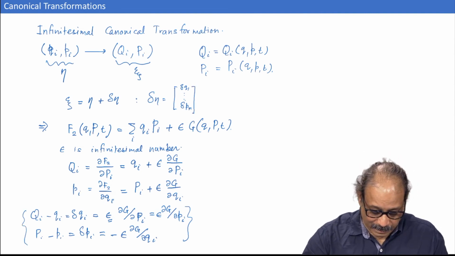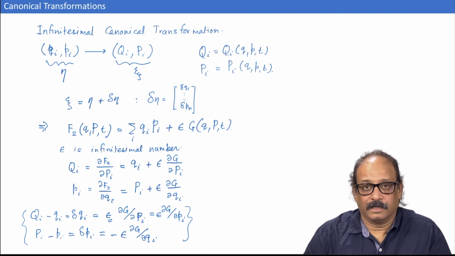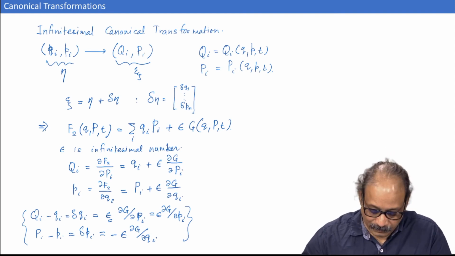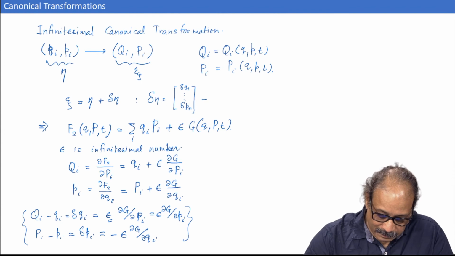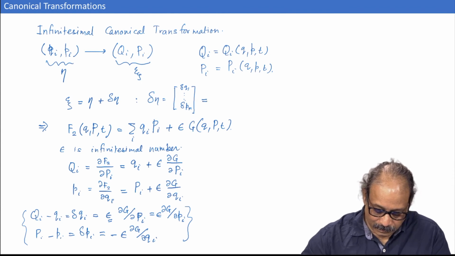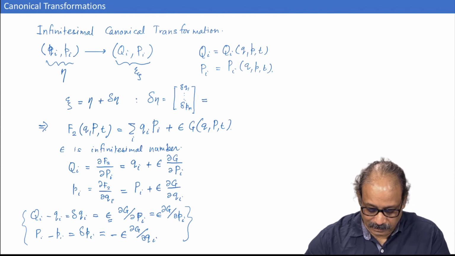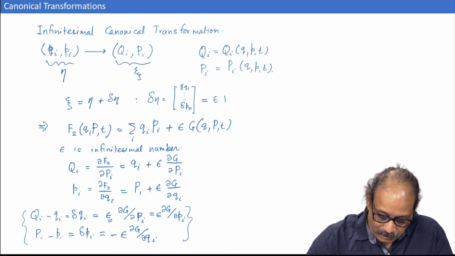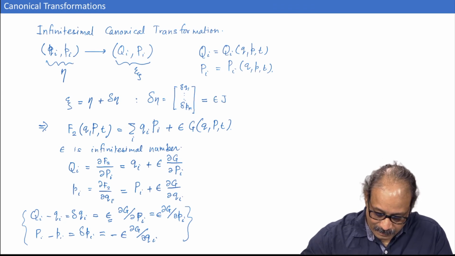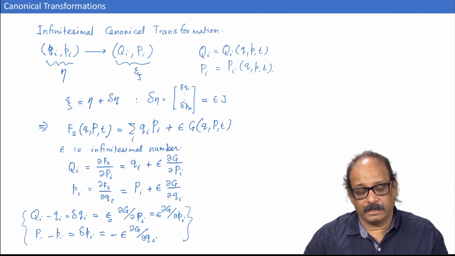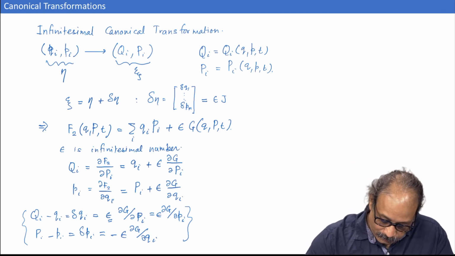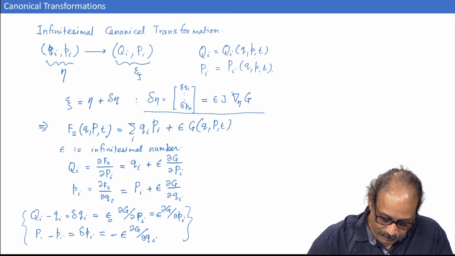And those are exactly the equations or quantities that we have gotten here. So, your delta eta will be equal to, and look at the structure of this. This is going to be epsilon times j because of p here, q here, and into the gradient of g with respect to eta.